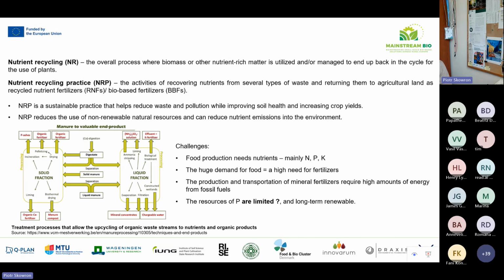In the picture you see practice which is connected with manure management, and you see a few technologies here, and a few business models here. This picture shows that nutrient recycling practice is sometimes a very complicated process, and sometimes could be simpler.